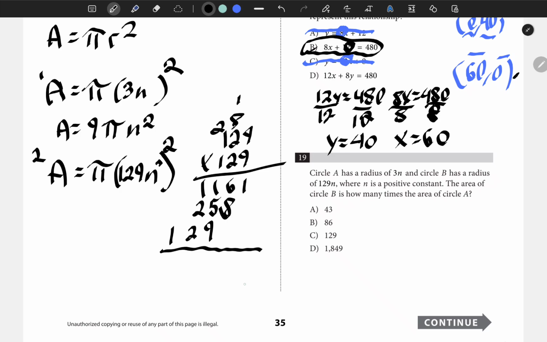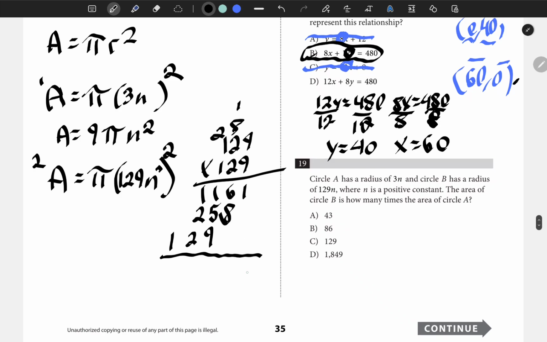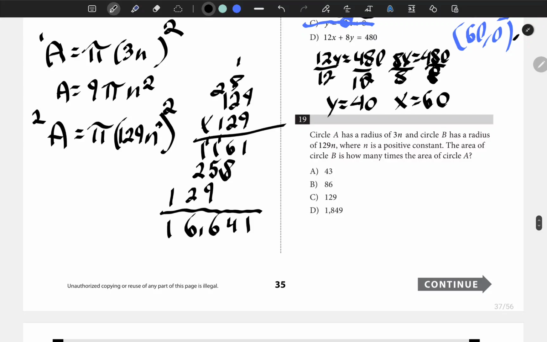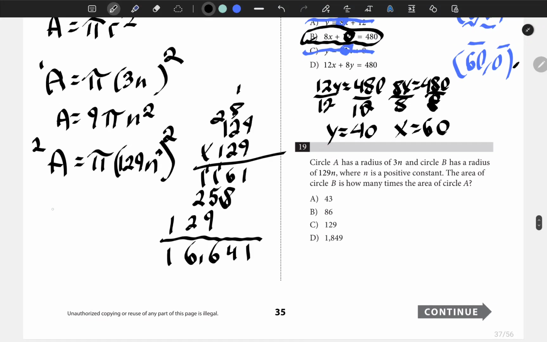Okay, now we go right to left, so it's 1, 4, carries over, that's 2. That's 2, 7, 6, and that's 6. And with 1 carrying over, obviously, right? So that way we went 6 and then 1. And this is what we have, 16,641.